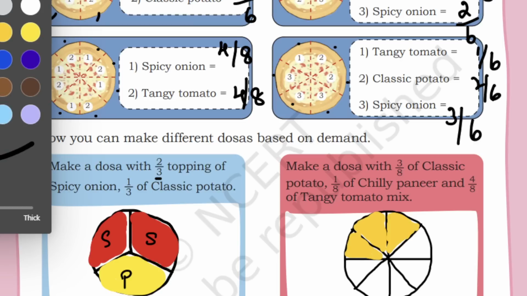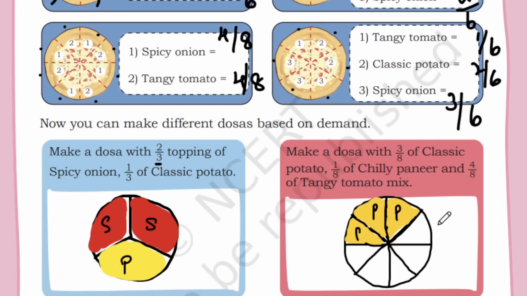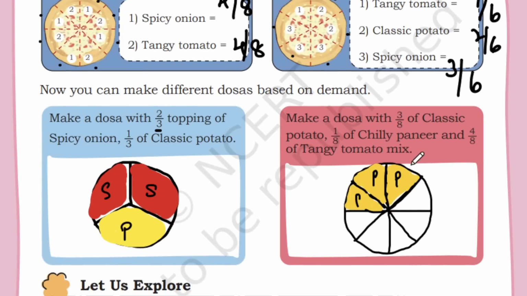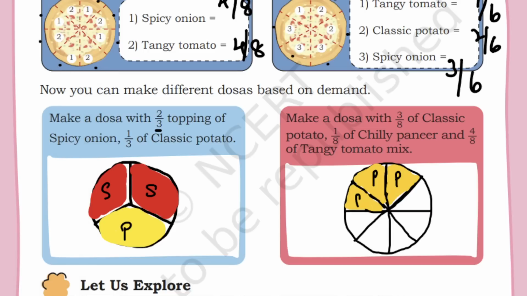So potato. Next, one of chili paneer. So one of chili paneer. So chili is spicy, so let's do it in red color.